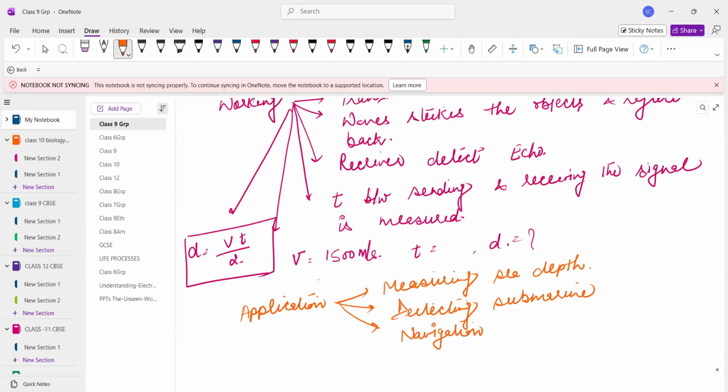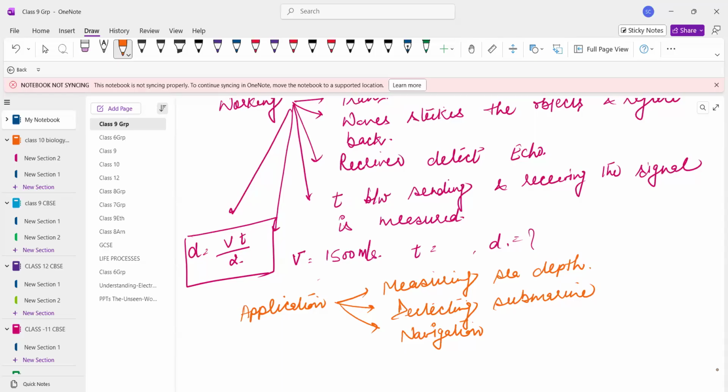But sonar only works underwater. It is designed only for water environments. We cannot use sonar for air. So this is the limitation of sonar.